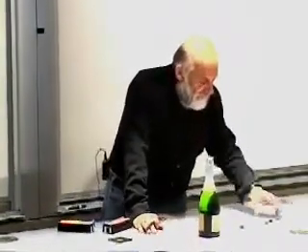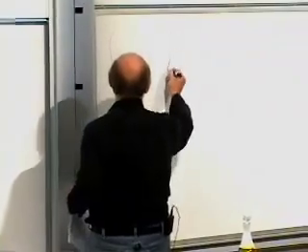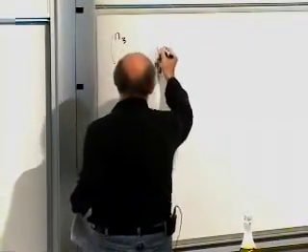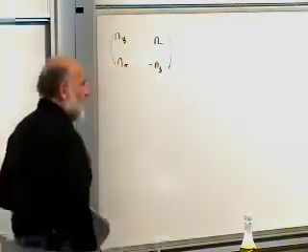Okay, so let's find the eigenvector. Now, first of all, when you start looking for eigenvectors, we're going to try to solve the problem. Sigma dot n, where is it? It's n3, minus n3, and n minus, n plus. That's sigma dot n.